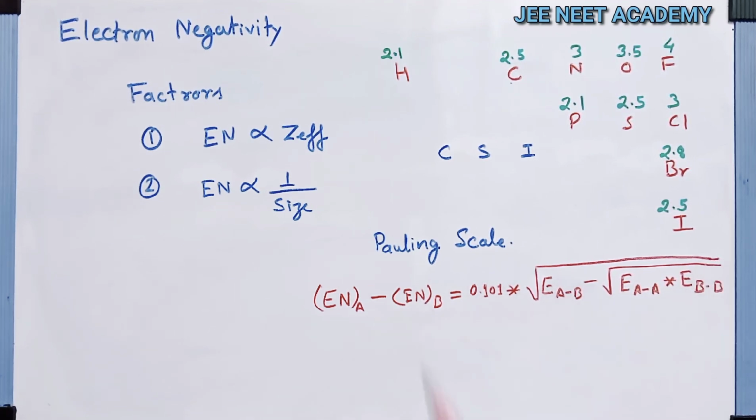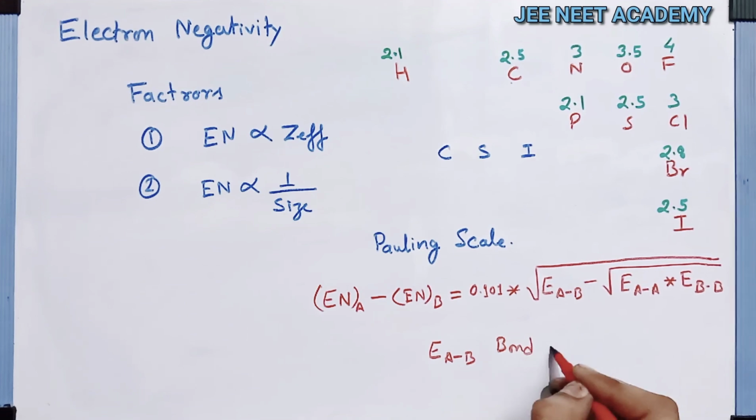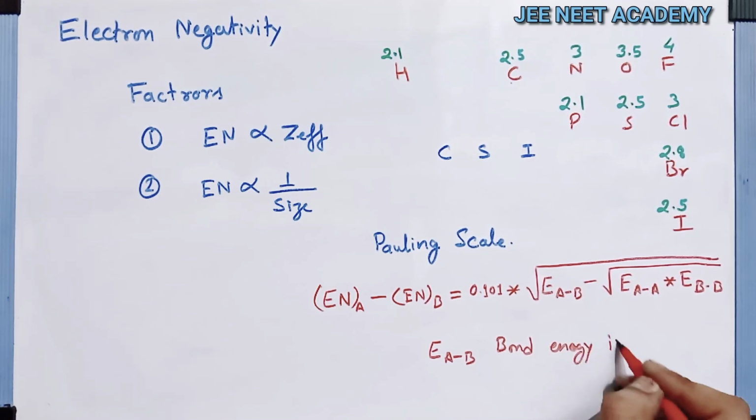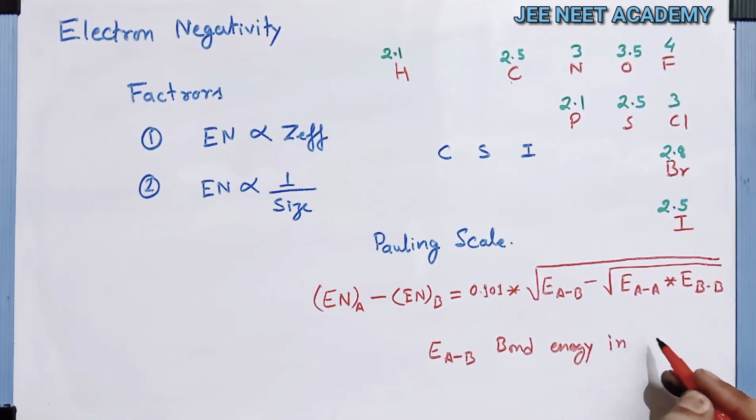Here the bond energy of AB, AA or BB will be in kilojoules per mole.